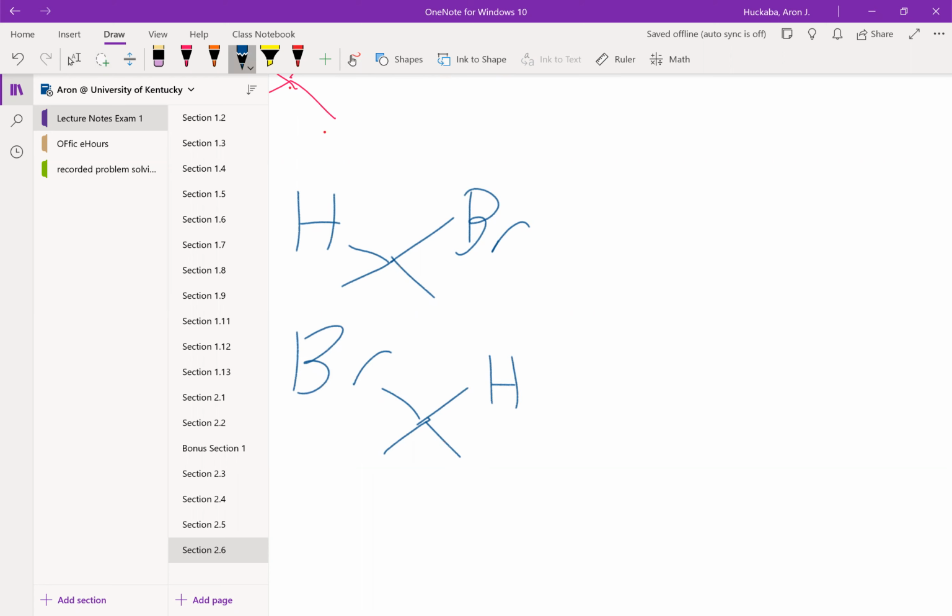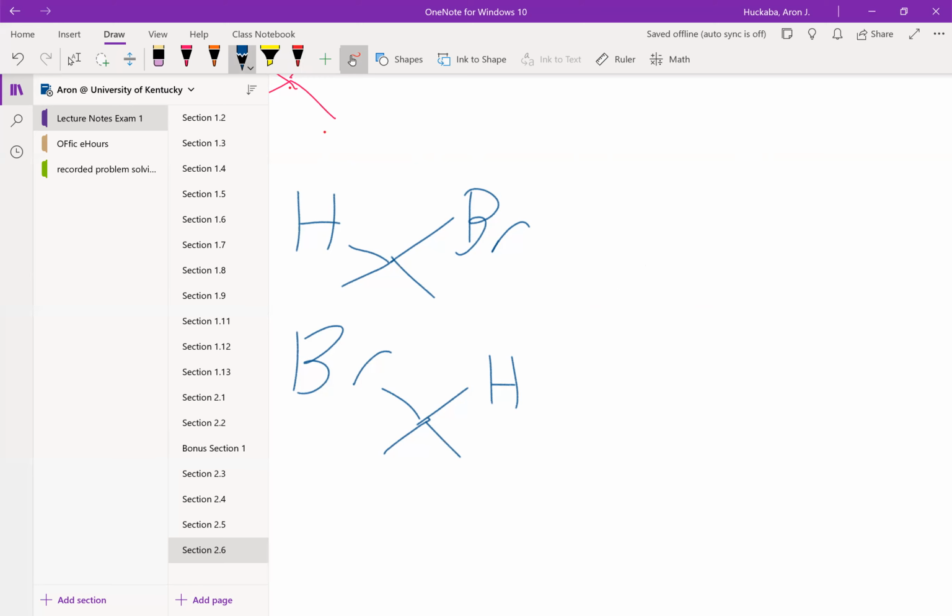So first we draw the same carbon system as before in each one.